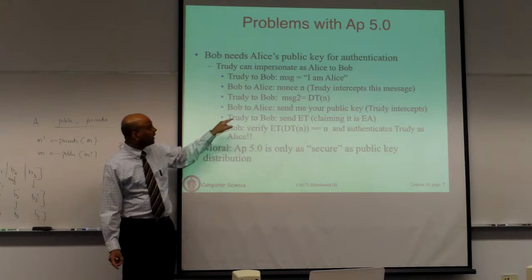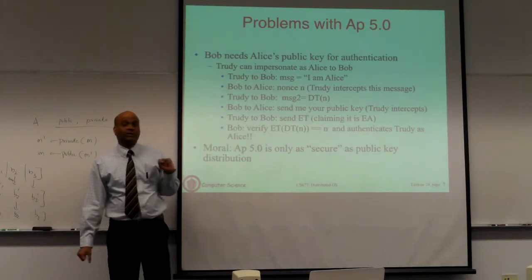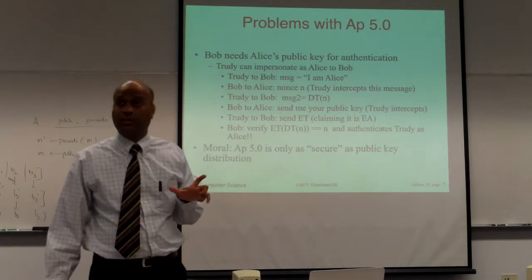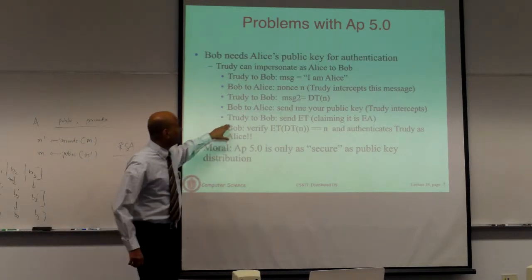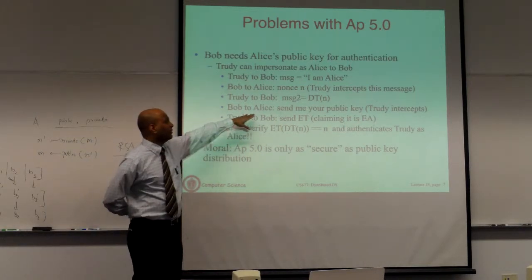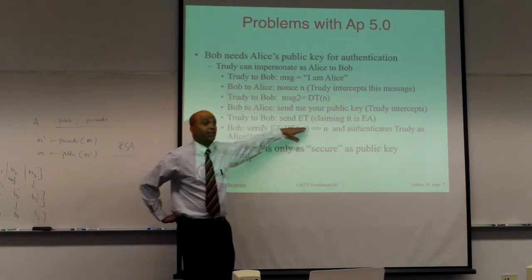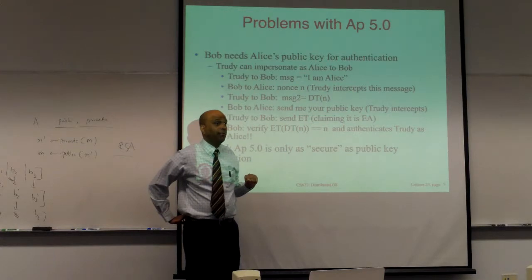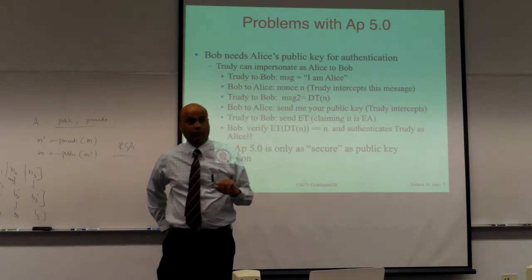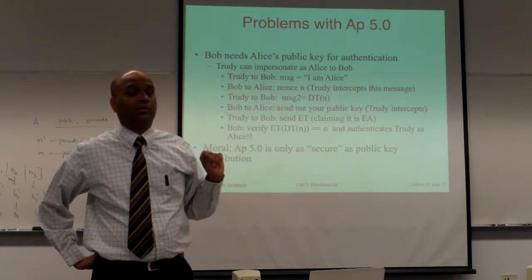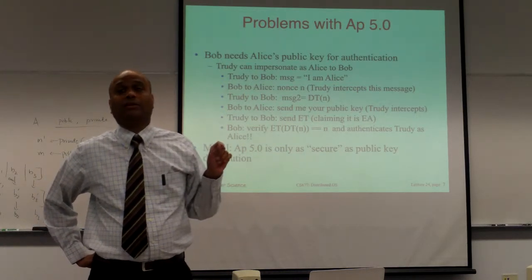Now, Trudy can intercept that message, or can actually go to the web page and change the public key as well. In this case, we are just simply assuming that Trudy is able to intercept this attempt to get Alice's public key and instead send her public key, claiming to be Alice's public key. So Bob has gone to get Alice's key. Trudy intercepts that request and sends her key, saying this is Alice's key.